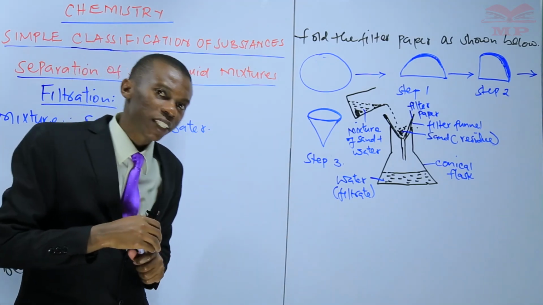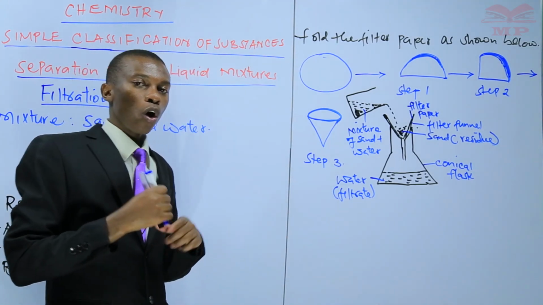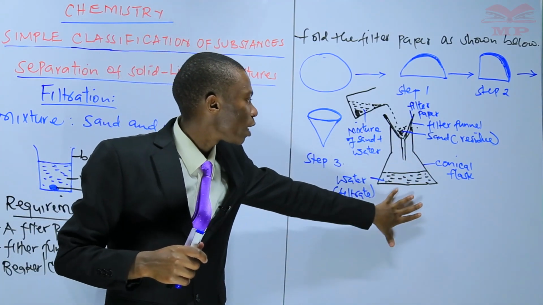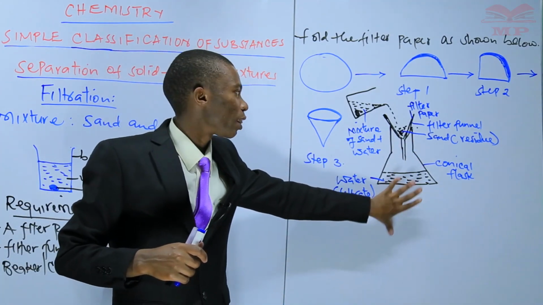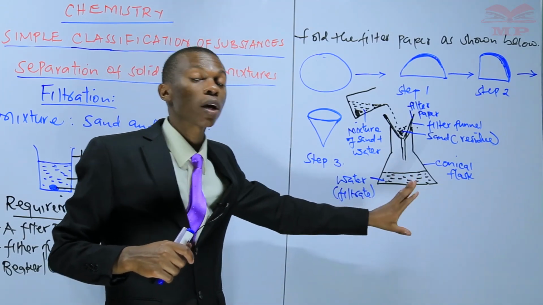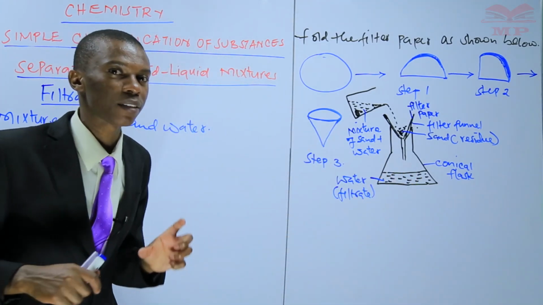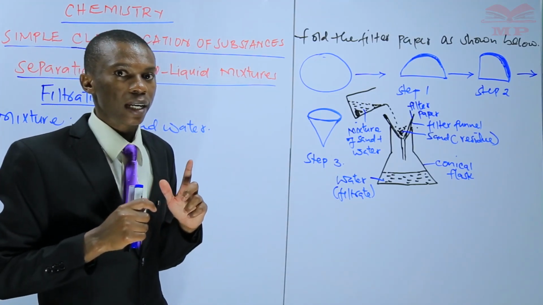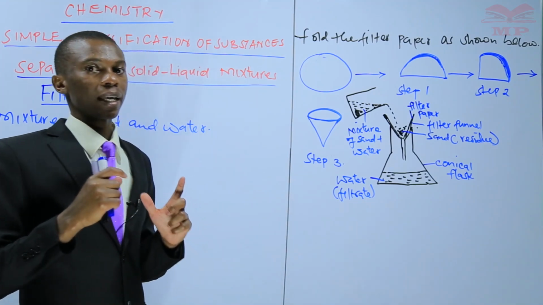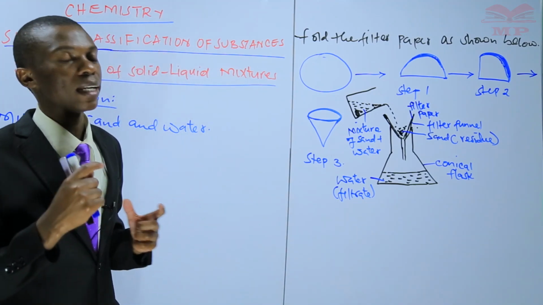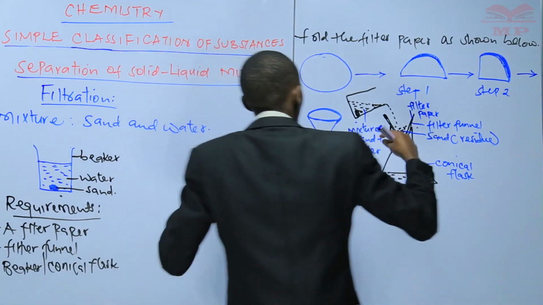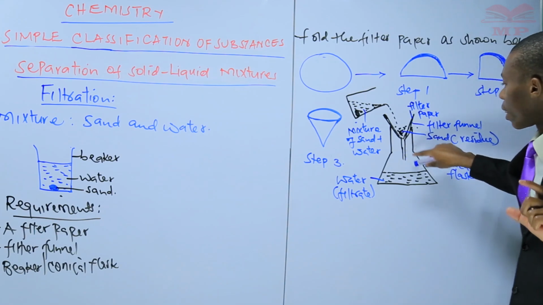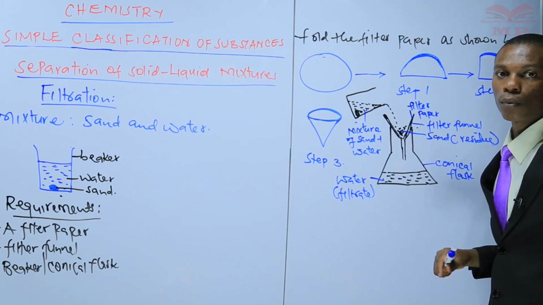This method is very effective because all the sand particles are collected at this point. Therefore, there is no sand particle which passes through the filter paper and is collected here. That's why filtration is very effective in separation of solid liquid mixtures, in that case insoluble solid liquid mixtures, because all the solid is left at the filter paper while the liquid passes through.